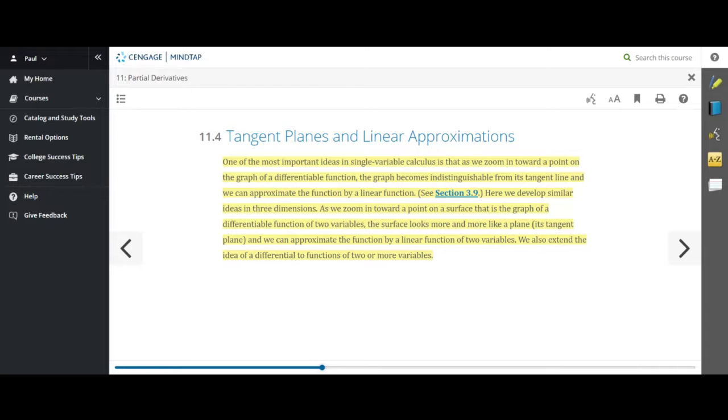So essentially, if you have a very small neighborhood about a point, the tangent line will approximate your curve. That's calculus 1. How many remember that from calculus 1?